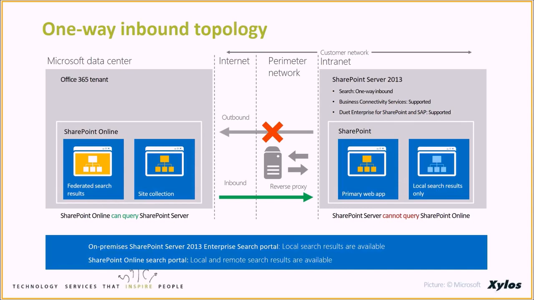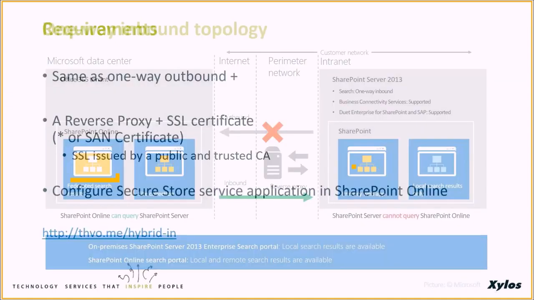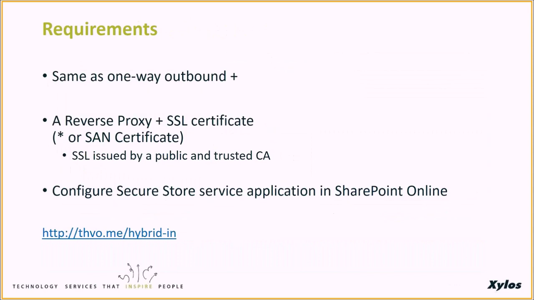You implement a reverse proxy server so that SharePoint Online has an endpoint to connect to your SharePoint on-prem, and then you get the same result, also two separate result blocks, as I've shown you in the screenshot. So the requirements are exactly the same. You still have to do all this PowerShell stuff and everything, and then you also need a reverse proxy server and an SSL certificate.